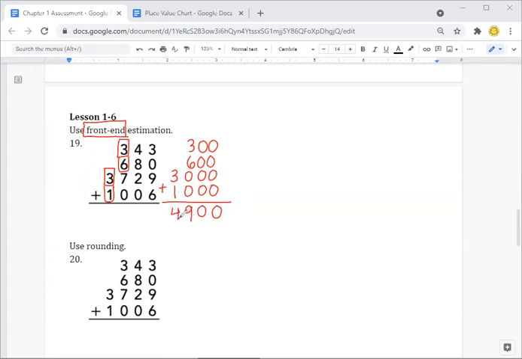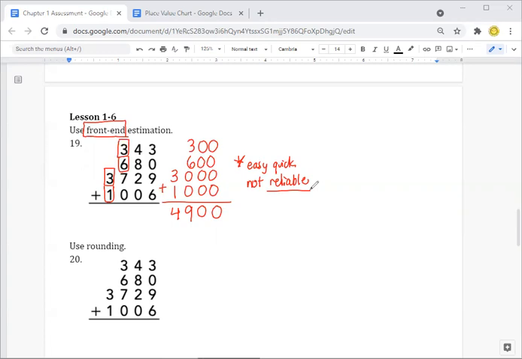Now, front-end estimation, while it can be easy and quick, it's not as accurate. It's not as reliable. So just be careful when you're estimating. If you need something that's easy and quick, but don't really mind if it's not super reliable, then front-end estimation is going to be your friend.